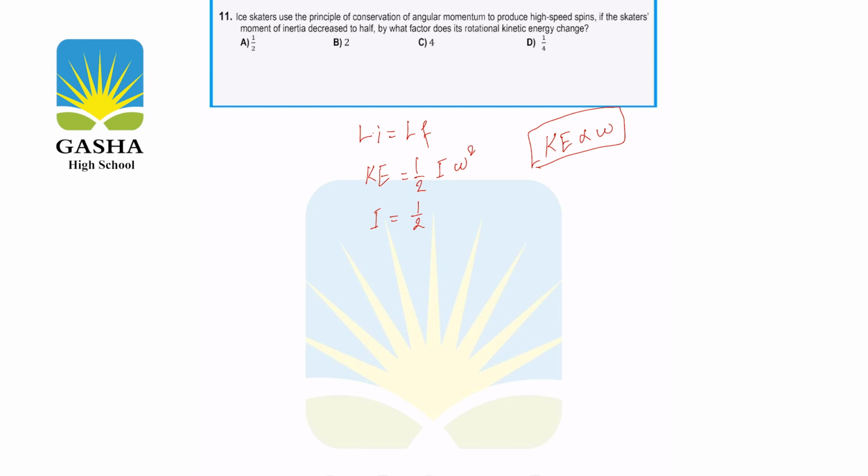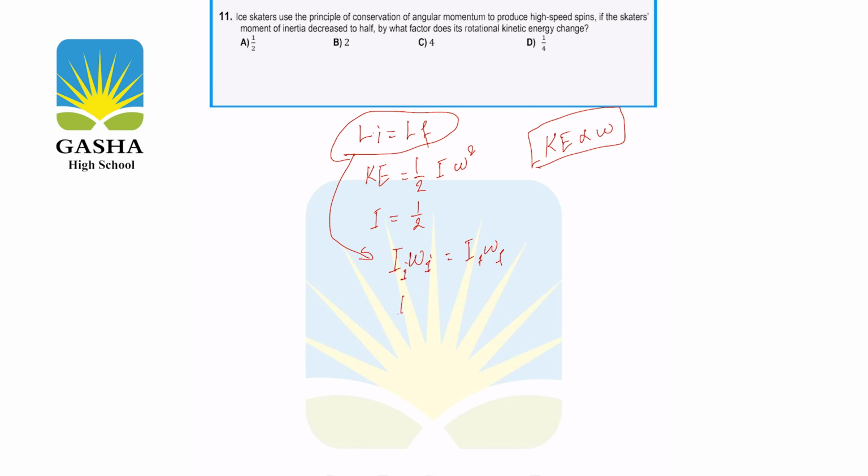We know that the moment of inertia is decreased by half. So initial angular momentum is equal to final angular momentum, and angular momentum is equal to I omega, so I omega for the initial is equal to I omega for the final.